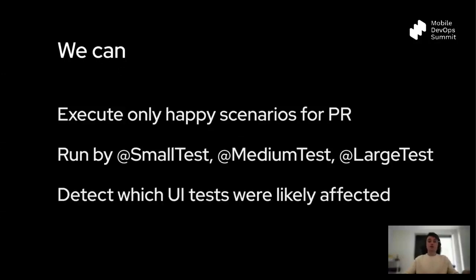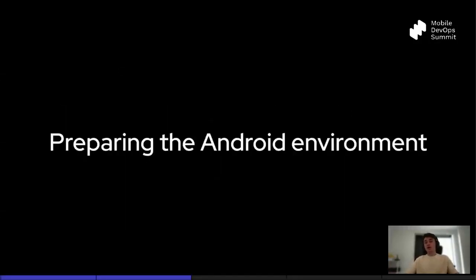We can also try to detect which UI tests are likely affected and just try to run them instead. There are multiple ways, but what I want to highlight here is that we can exclude some of the UI tests from executing, and this is why sometimes what we run is more important than how exactly we run them.